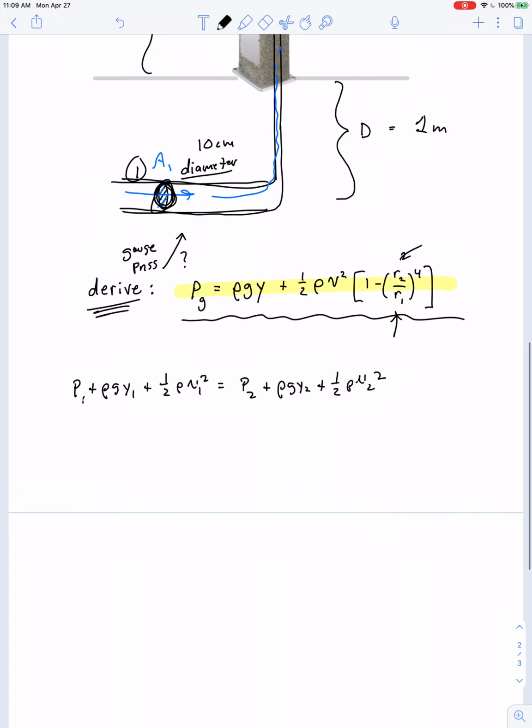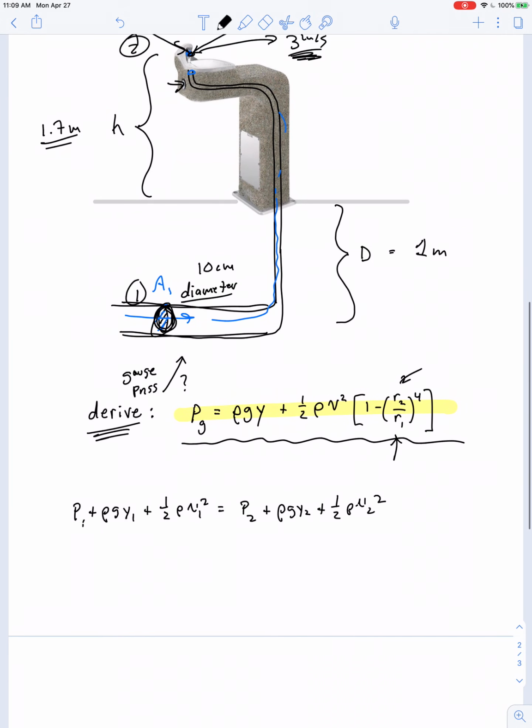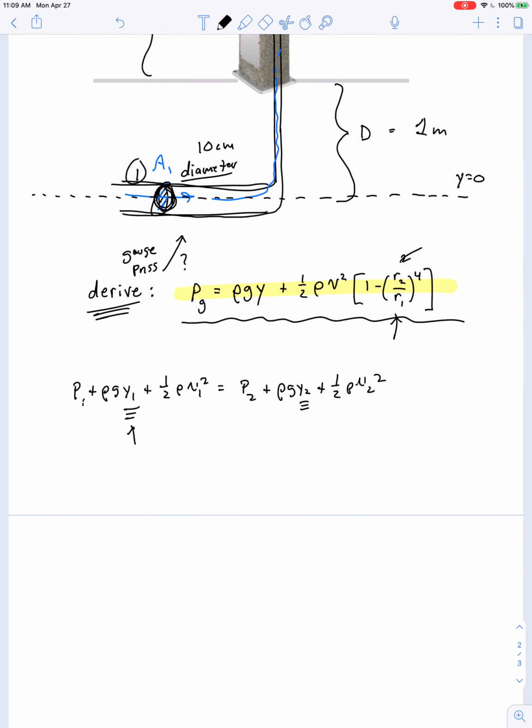Okay, well let's pick a frame of reference that'll be useful in determining the values of y1 and y2. Let's just make a frame of reference where we say the feeder pipe is a place where y equals 0. Then that means the value of y1 is 0, which gets rid of that term.